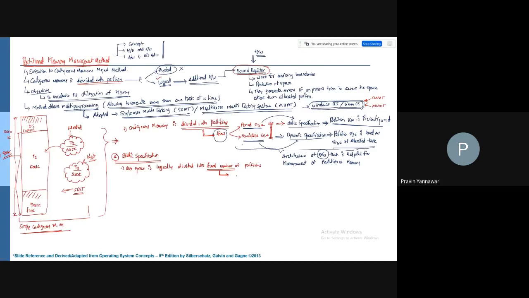Okay, so for fixed number of partitions there are two conditions here.